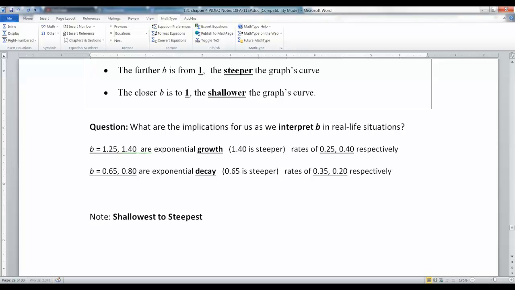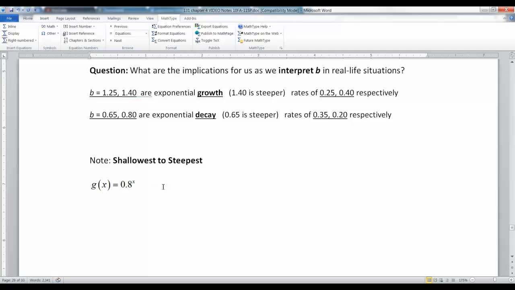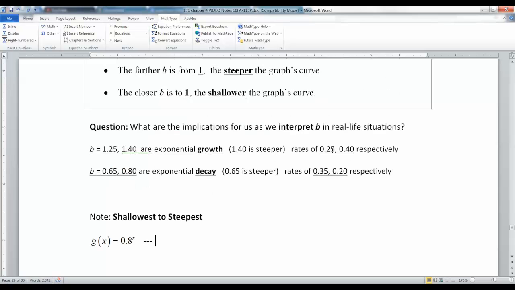How would that look? Well, the shallowest one would be the one that has the smallest rate of growth or decay, which would be the 0.20, which went along with the 0.80. So the shallowest one is actually g of x, which is 0.80 to the x, right? Because it has a rate of only 20%, the difference from 1. Then the next one would be the next number, which would be 0.25.